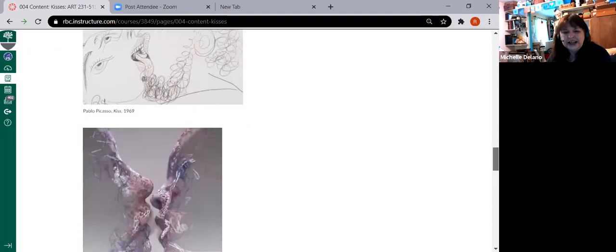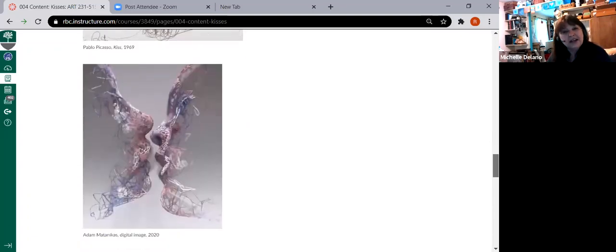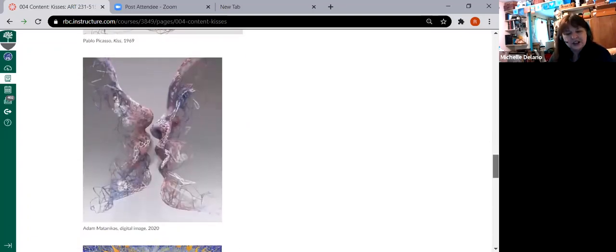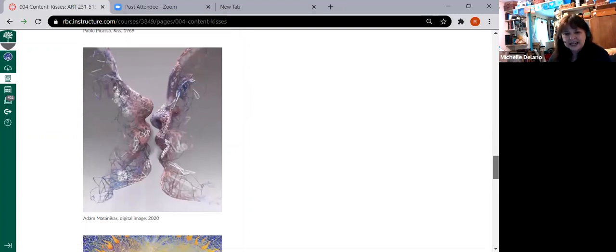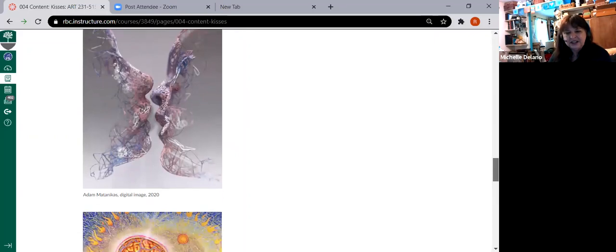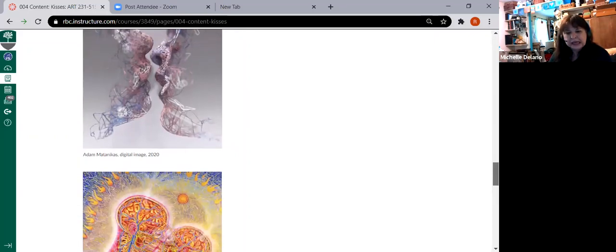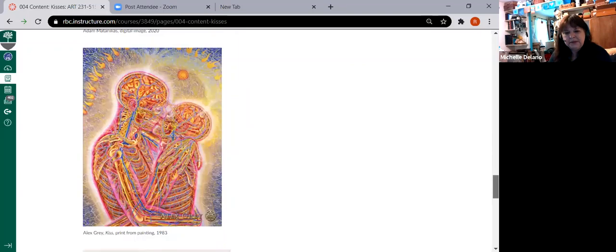So when you're looking at them, for instance, I'll give you some clues. This is a digital kiss. So the person did this digitally, but then it looks like a web. And then you can think of the colors, and then you can think that it's digital and intimate. And then this guy's name is Alex Grey.